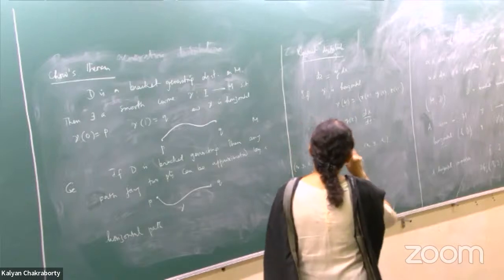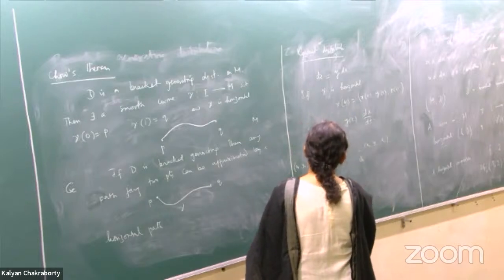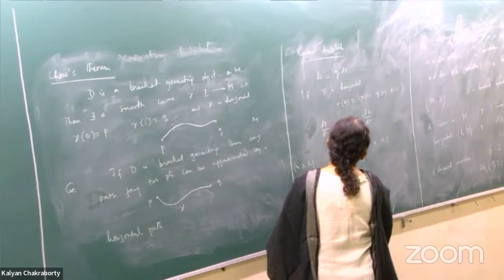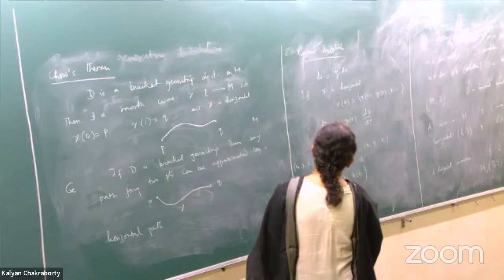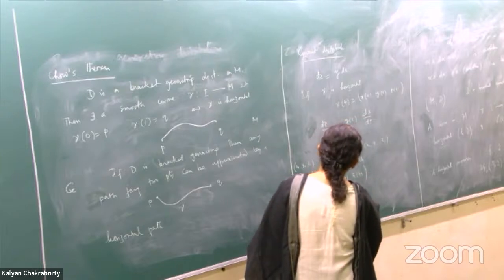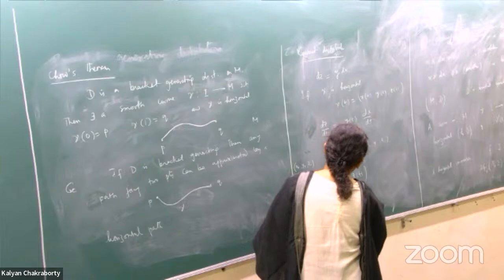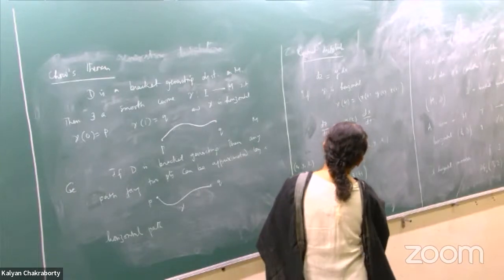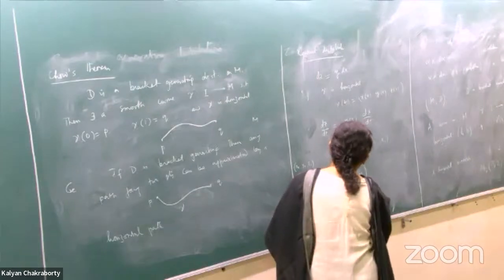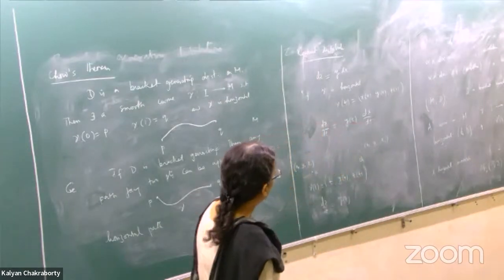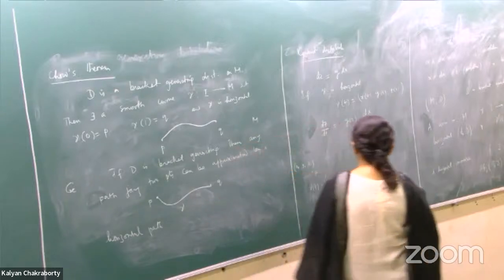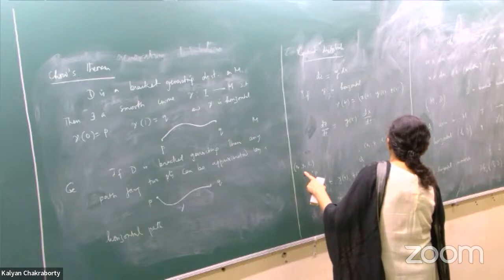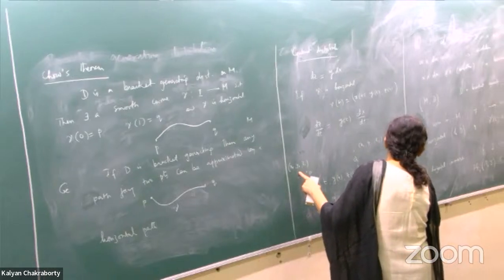So if I take the curve with the first coordinate being t, and then y(t), z(t), and if you integrate, then z1 minus z0 is given by integrating this.